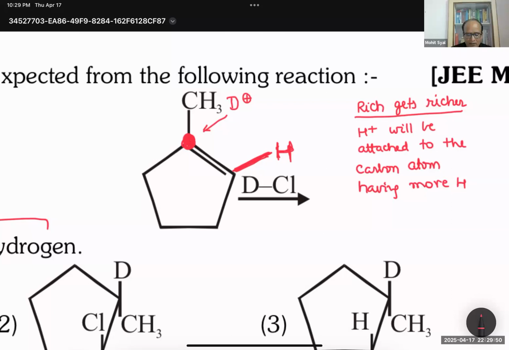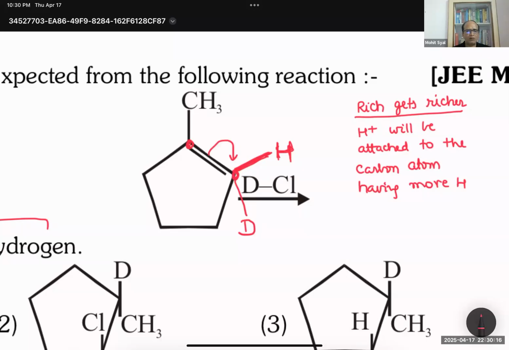Doubly bonded carbon atom. Don't think of this. Here you do not have any hydrogen. So where is the D going to come in? D is going to come in where you are having more hydrogens. This is the place where D is going to come in.